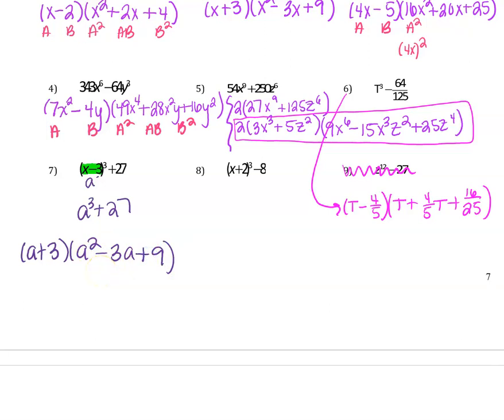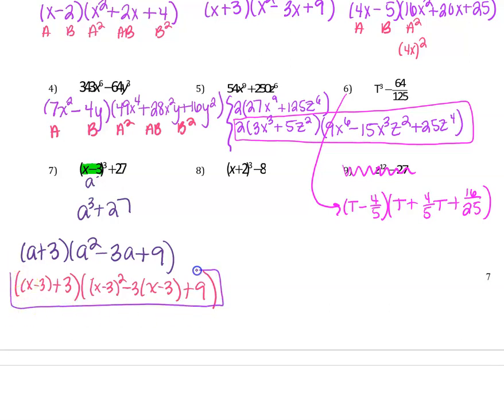Now, it's not really a though, right? It's x minus 3. So what you're going to do is then go back in and put the x minus 3 in for everywhere I see an a. And that would be your factored form. And you can leave it just like that.